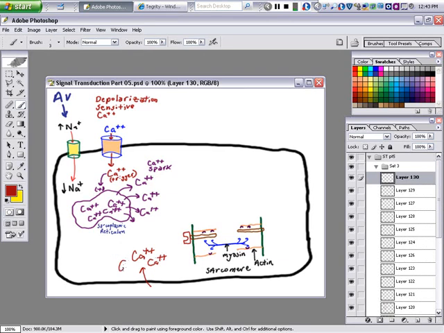If we get more calcium inside this cell here, if we could do this, then I'm going to get rid of this one.